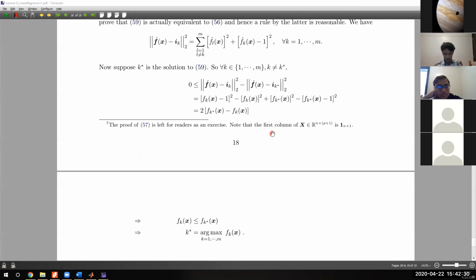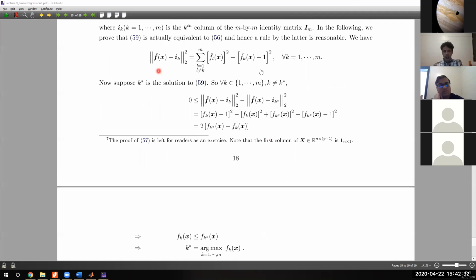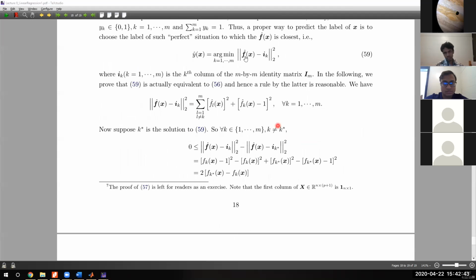Everything's super direct. Because k star is my minimum value, for any k not equal to k star, this one minus this one must be greater than or equal to 0, right? Because my k star is the solution to here. So you expand this using this one and substitute inside, and be careful that here you have an item in k, and here you have an item in k star.